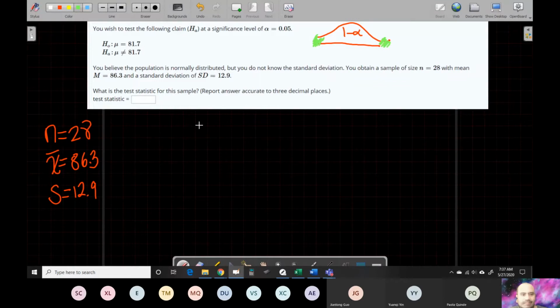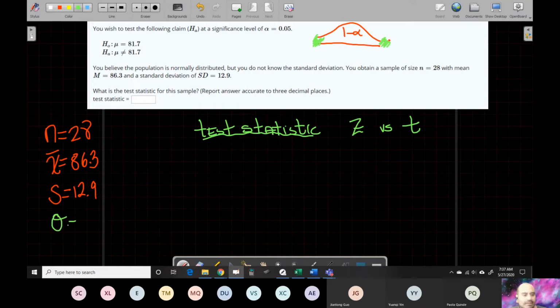Now, for the test statistic, we need to decide, first of all, always, if we're going to use a Z or if we're going to use a T. Because they gave me the standard deviation of the sample, and I don't have the standard deviation of the population, and I know that this is normally distributed, I am forced to use the t-value.